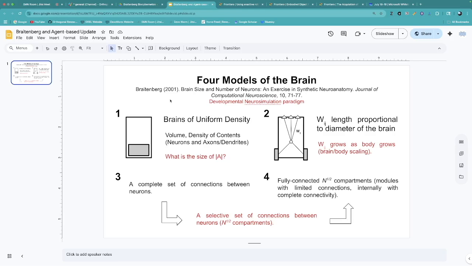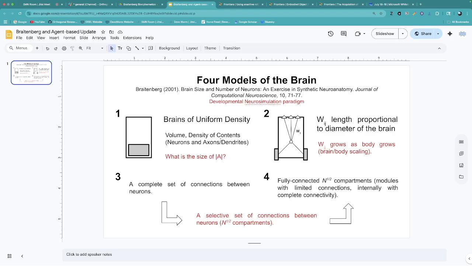So the first model is brains of uniform density. And this is where we have a compartment which contains a brain. The density is uniform across that. There's a volume and a density of content. So there's this little container here, this gray region that has a certain density and within that density we have neurons and axons, dendrites, so we have the connections and the neurons.